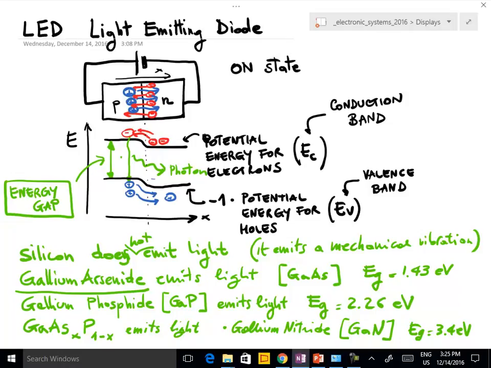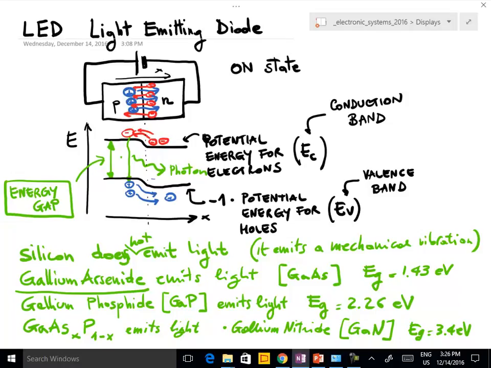Now, where do we go from that? Okay, we need to add, let's say, something different, because of course now we have an idea of how we can have blue LEDs, red LEDs, and green LEDs.